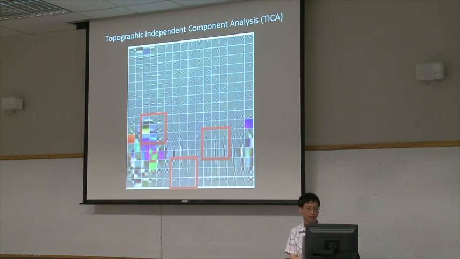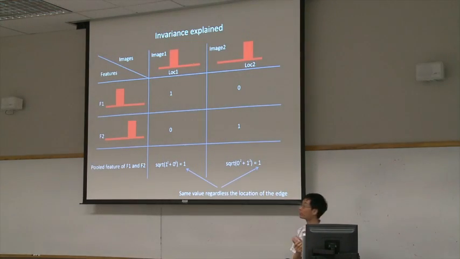So here it's able to detect a big edge in the image, and here it's able to detect a small edge in the image, and then by combining them, you can achieve some invariances. So whether it's a small or big edge, I will still be able to detect it. I want to explain that concept right now.